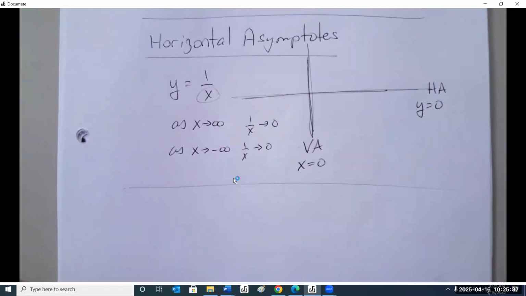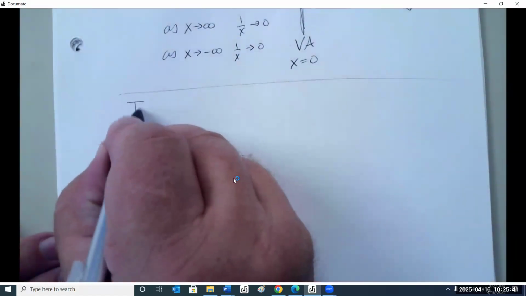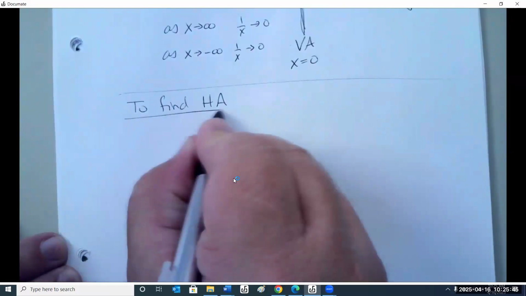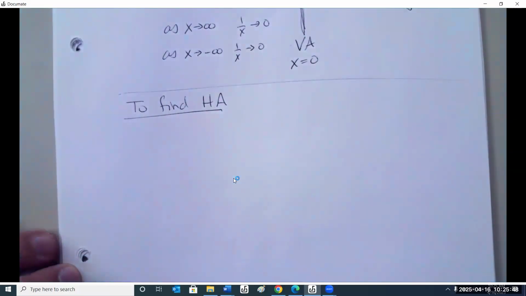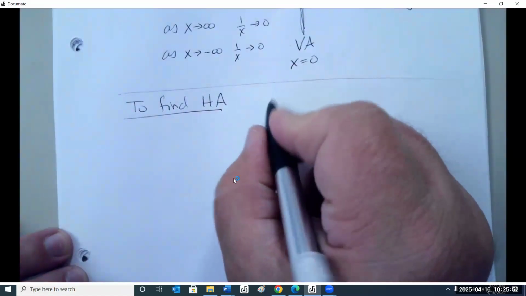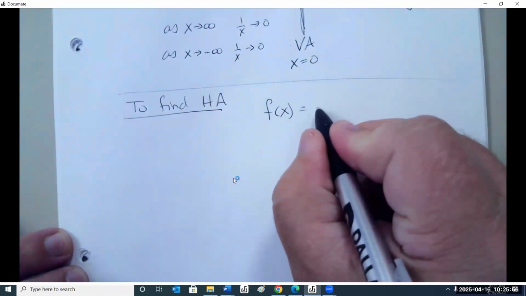How do we find horizontal asymptotes? Remember, we deal with rational equations.